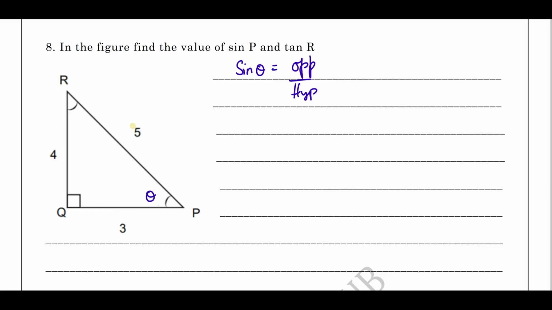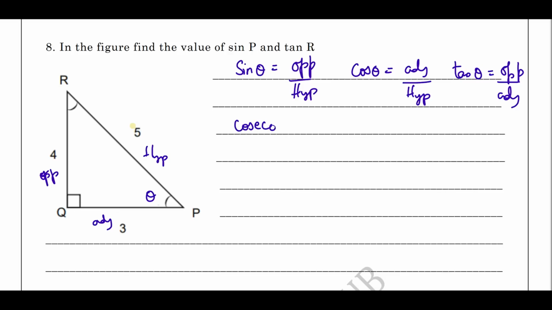If we consider this as theta, this is opposite, this is adjacent, this is hypotenuse, right? With respect to theta, sin theta is opposite by hypotenuse. Now cos theta equals adjacent by hypotenuse. In the same way, tan theta equals opposite by adjacent.